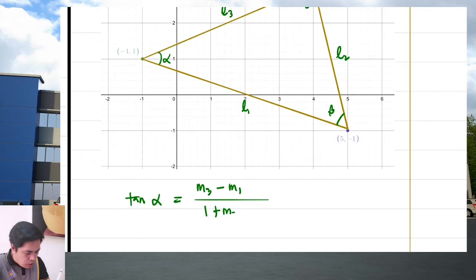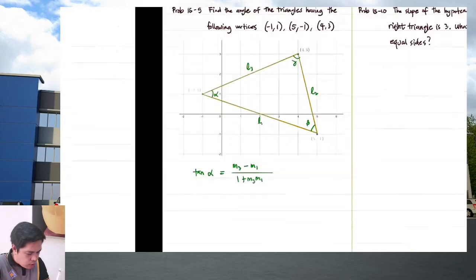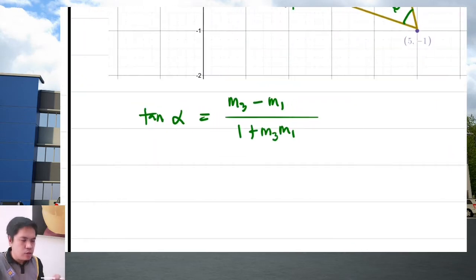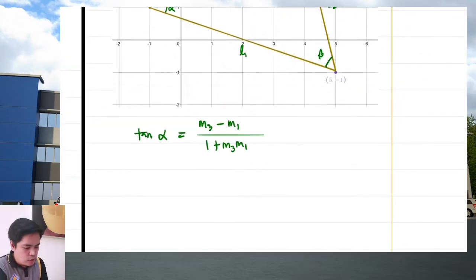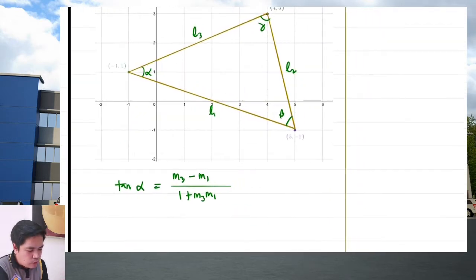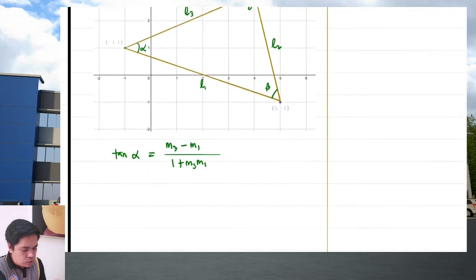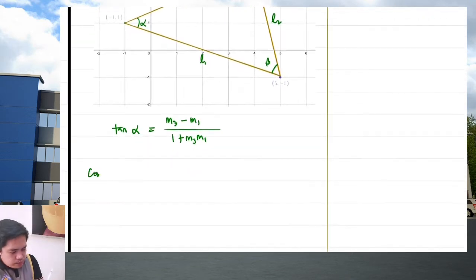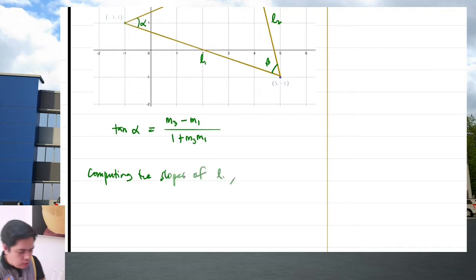So we need to compute these slopes first. How about we just compute all the slopes for line 1, line 2, and line 3?